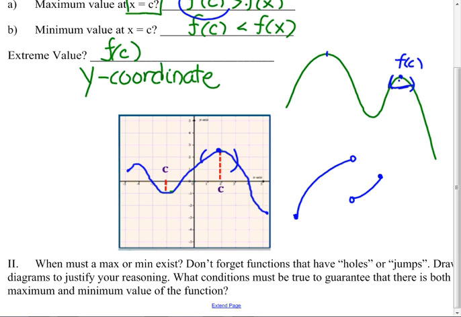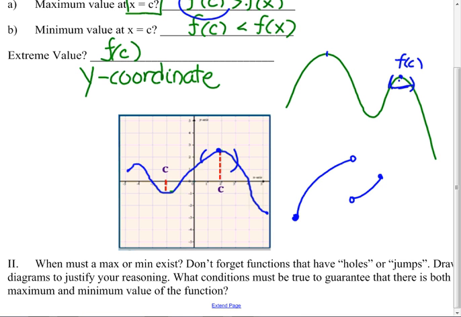So I'll close this one, and let's make this one a little different. This has an absolute minimum right there, but does it have an absolute maximum? No. Right. And I won't even look at the endpoints for locals, because we will never be doing that. But you're right, there's a local one there.